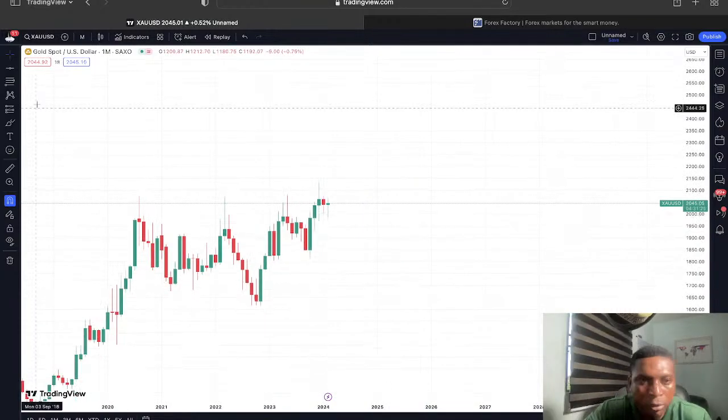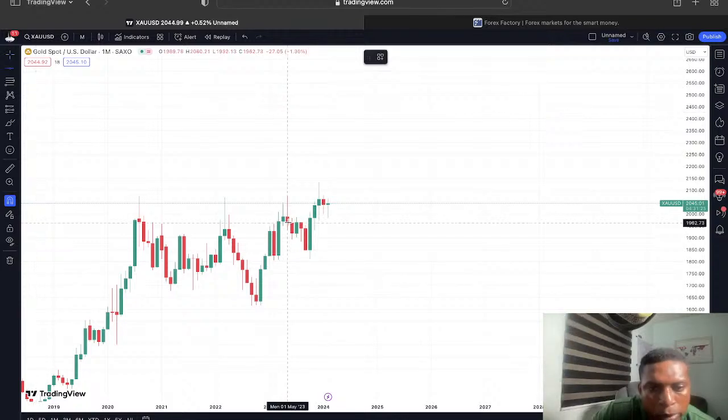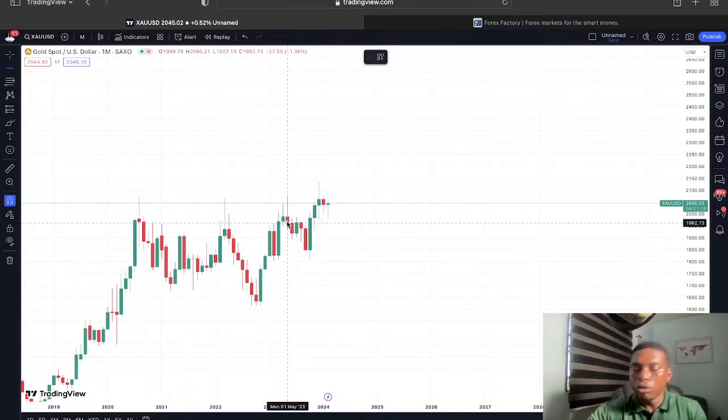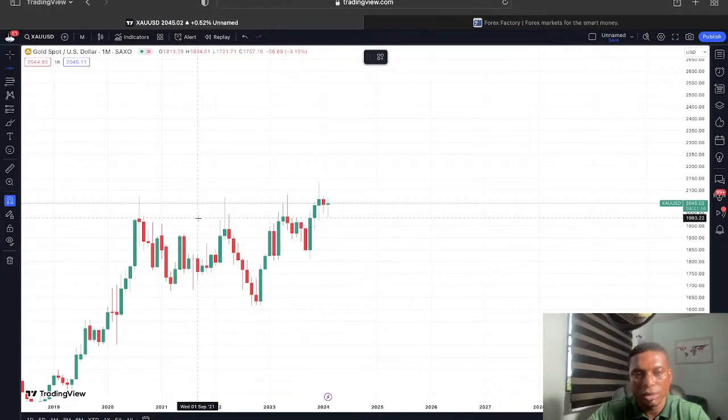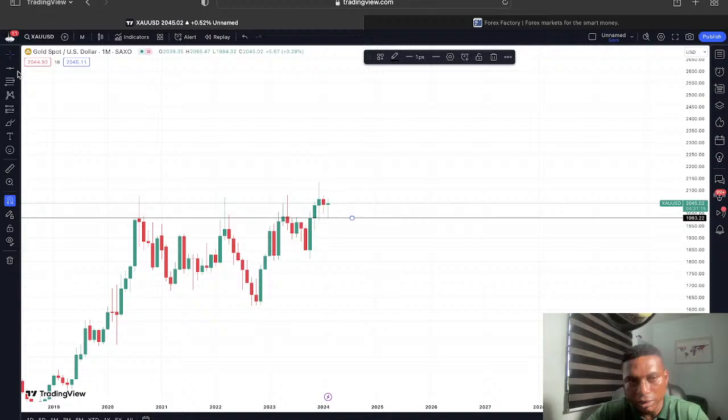Okay, let's map out very good levels of supports and resistance zones.